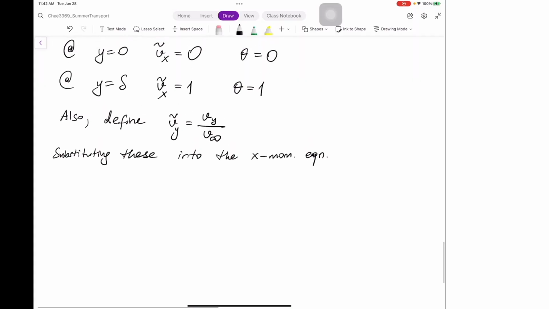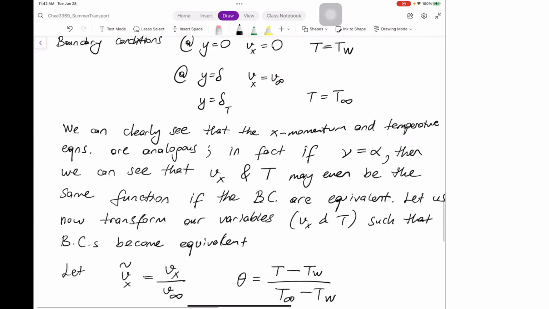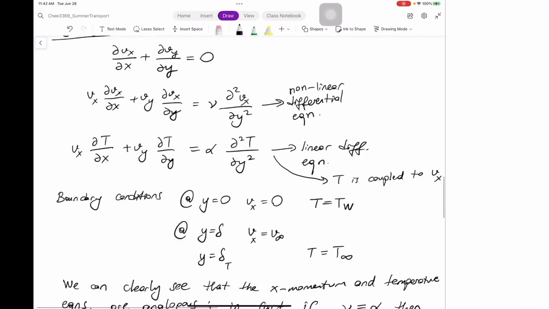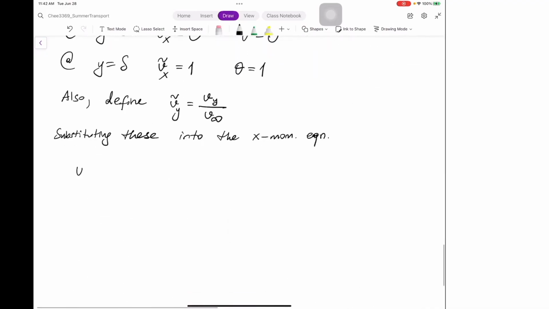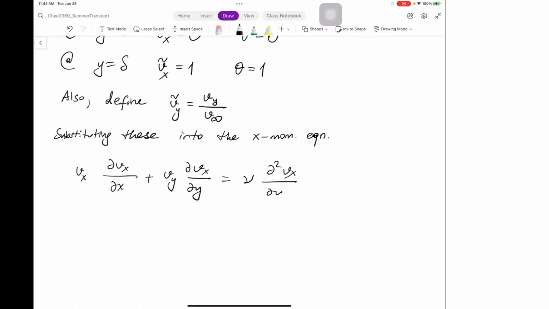So let's go to the equation for Vx: Vx del Vx over del x plus Vy del Vx over del y is equal to nu del squared Vx over del y squared.